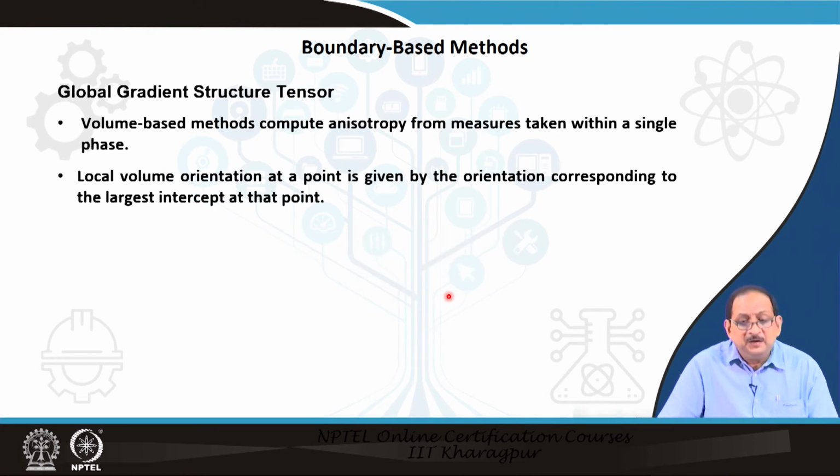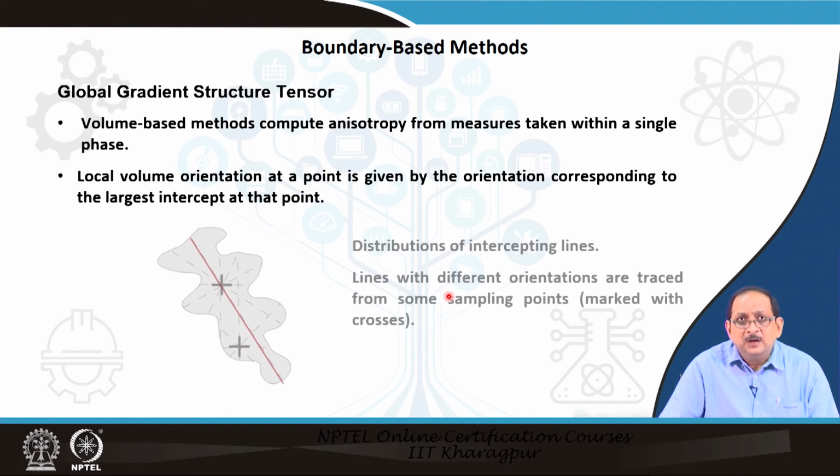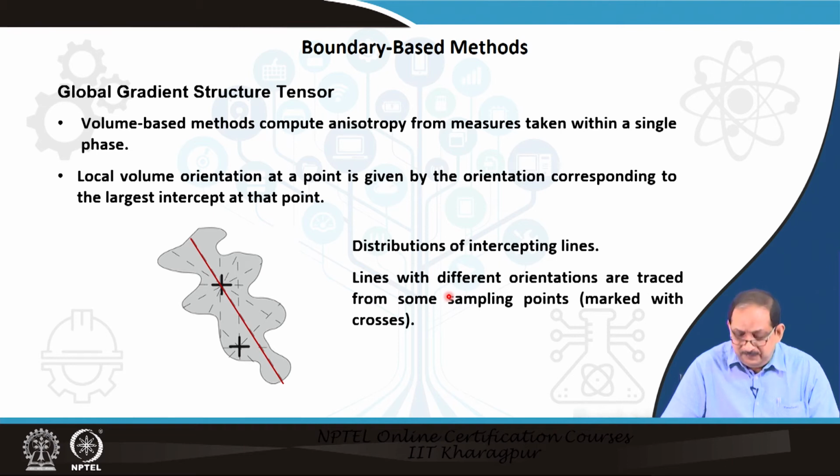The global gradient structure tensor is another method. It is a volume based method that computes anisotropy from measures taken with a single phase. The local volume orientation at a point is given by the orientation corresponding to the largest intercept at that point, as shown in the figure.